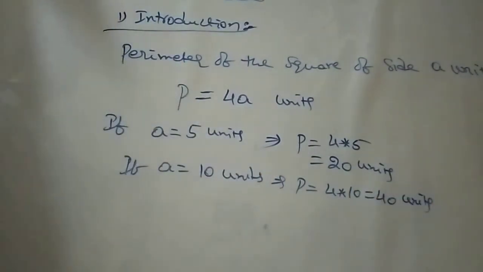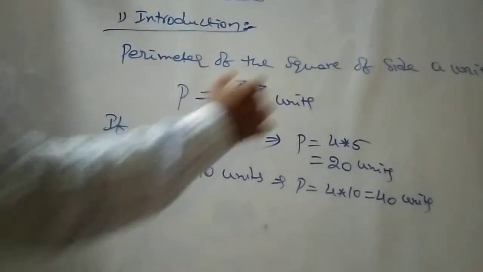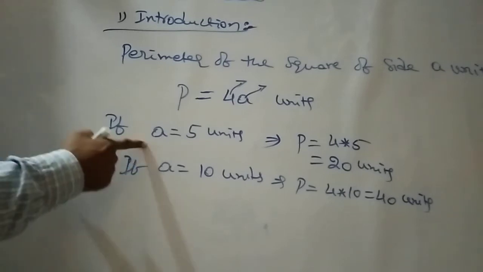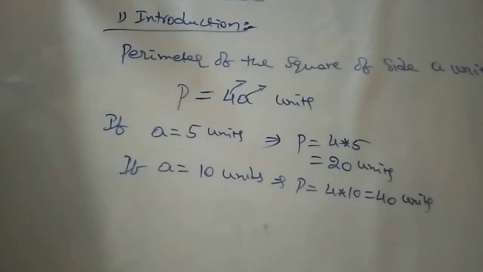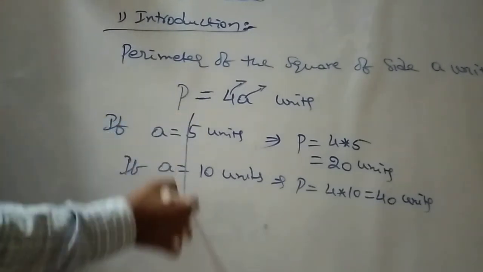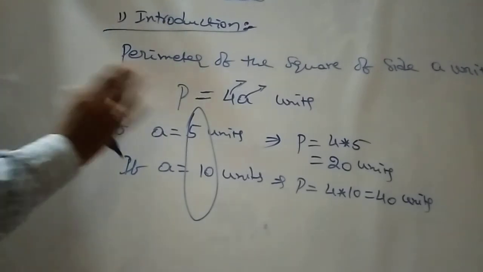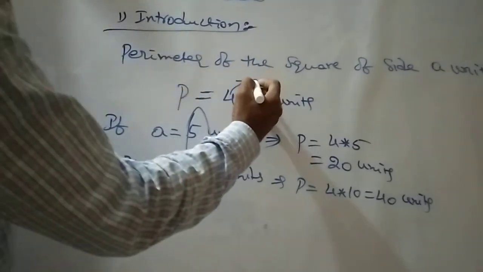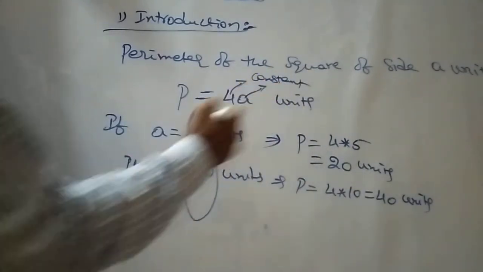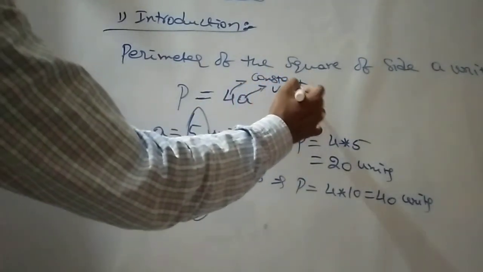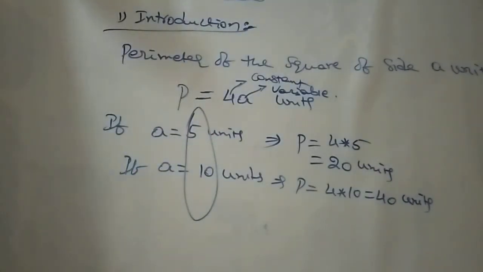Observe this, here 4 is a fixed number. Here A is changing, depending on the situation. Yes or not? If you take any number, if the side is 5 or 10 or anything, that 4 is fixed. This 4 is called a constant. Here A is changing, meaning variable.